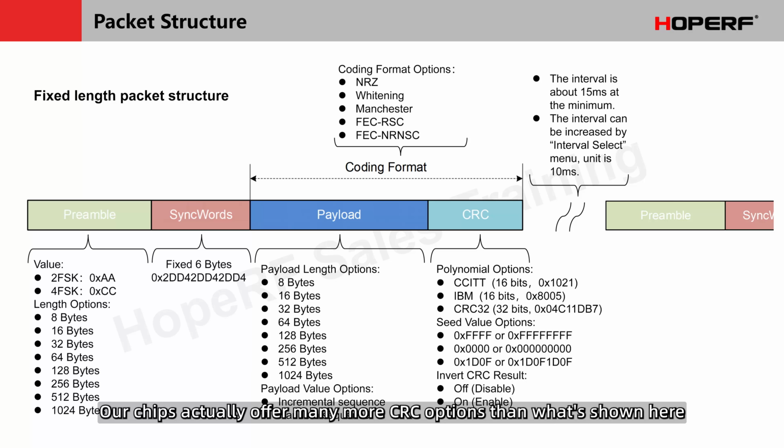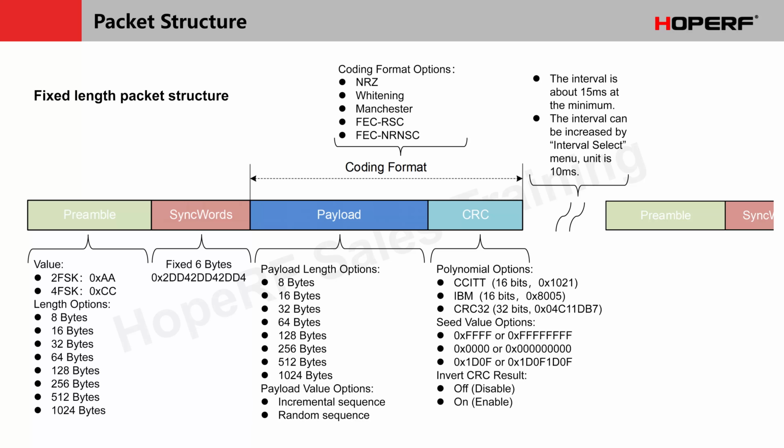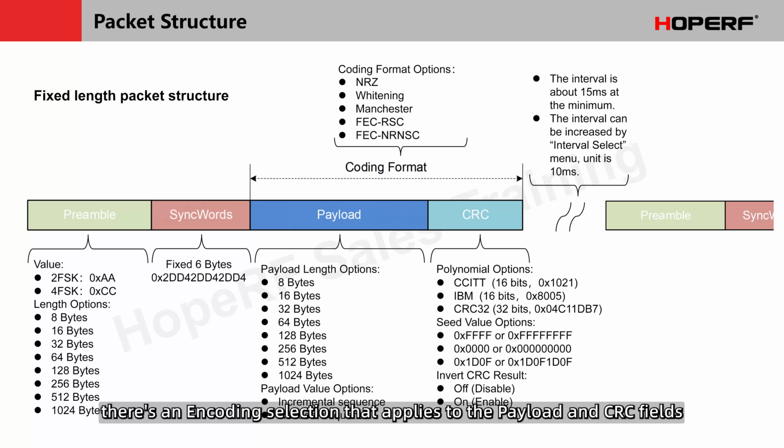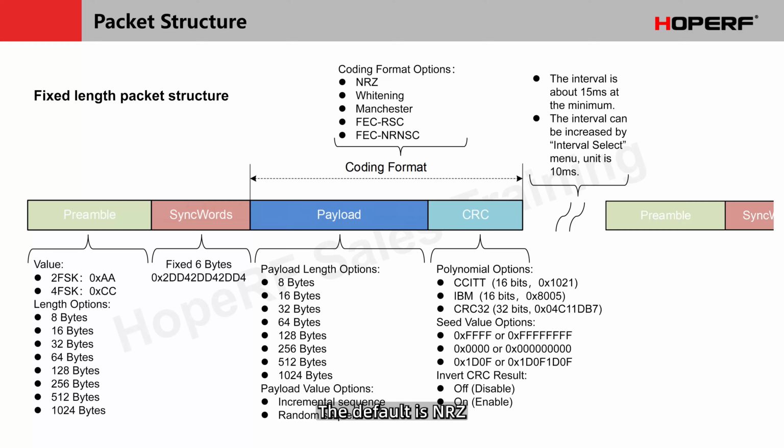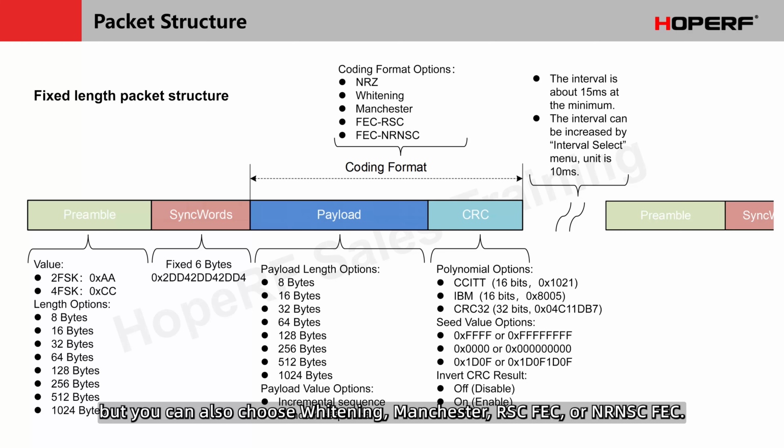Our chips actually offer many more CRC options than what's shown here. Additionally, there's an encoding selection that applies to the payload and CRC fields. The default is NRZ, but you can also choose whitening, Manchester, RSC FEC, or NRNSC FEC.